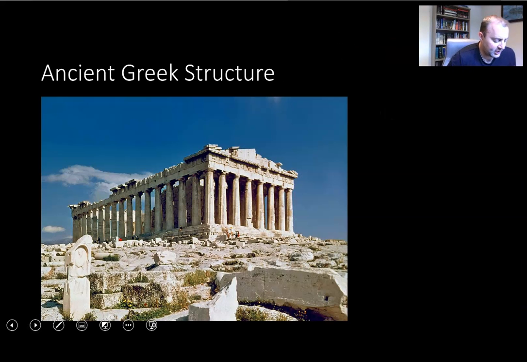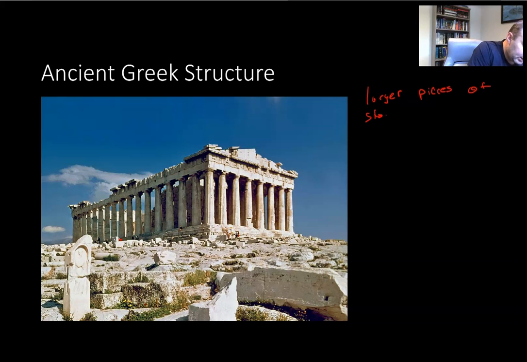Okay, going to some ancient Greek structures. This is the Parthenon. And again, this is made of large pieces of stone. Now, one thing worth noticing is that basically this is a ruin, so the roof has been completely lost.